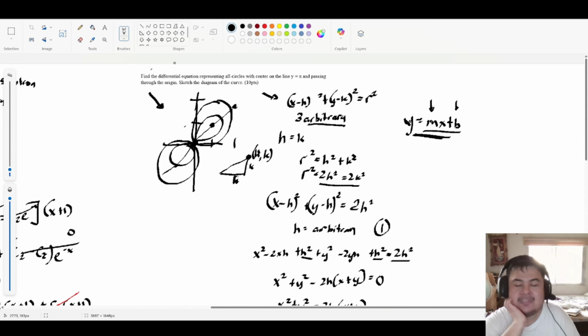So again, the most important part for this topic is you are able to discern the initial condition, or the relationship of the arbitrary constants to your situation or to your graph.